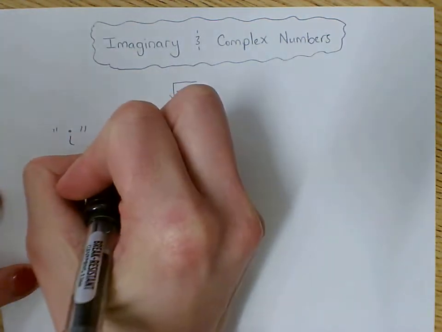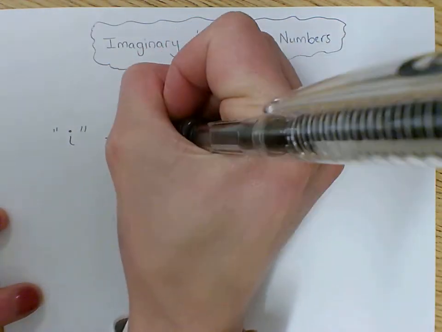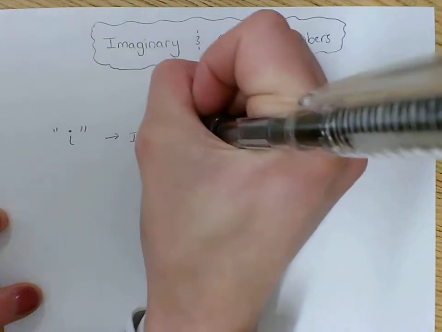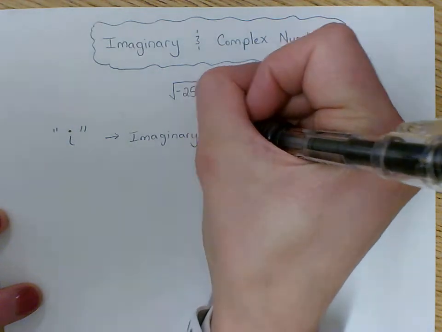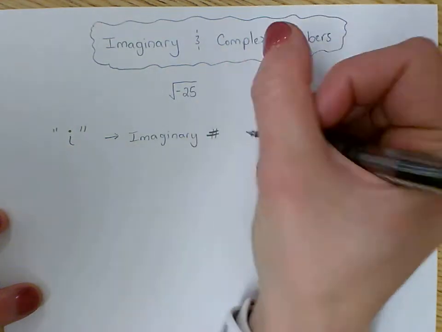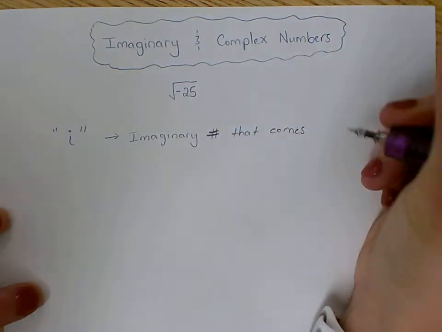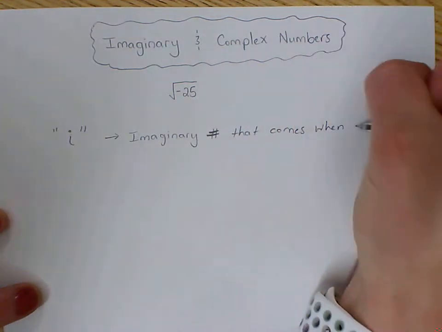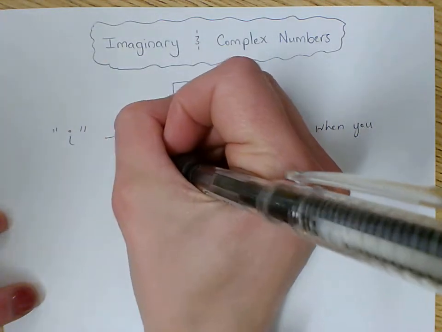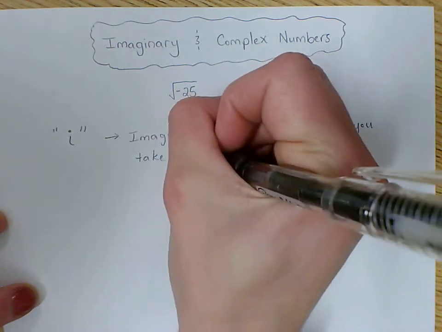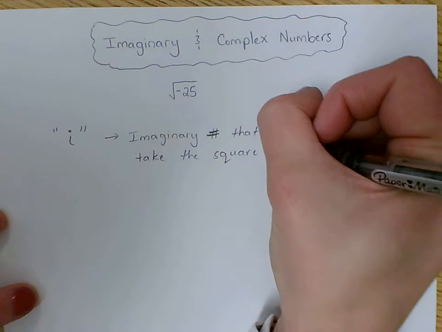Anytime you see that letter i, this is an imaginary number. I'm just going to write it down: the number that comes when you take the square root of a negative number.